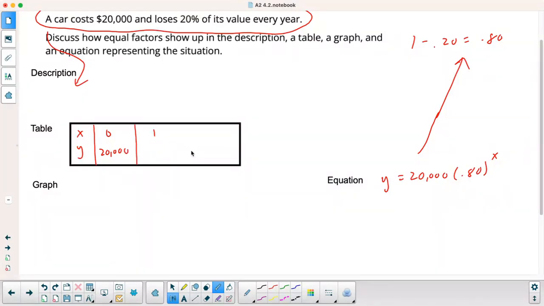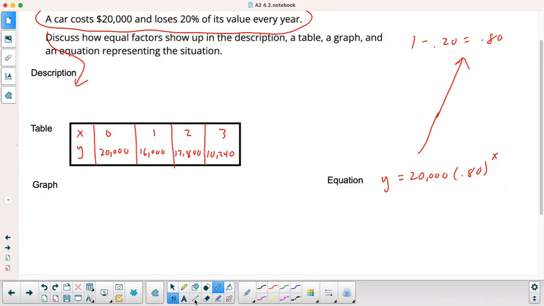Plug in 1 to this function, I get 16,000. Plug in 2. 20,000 times 0.8 to the second gives me 12,800. And you can keep going as far as you want. I get 10,240 for the third one.